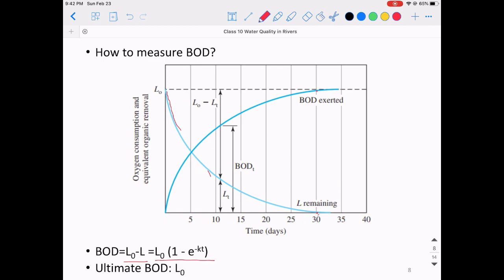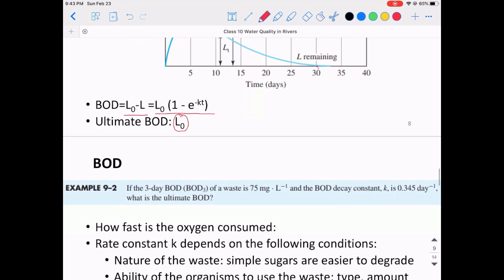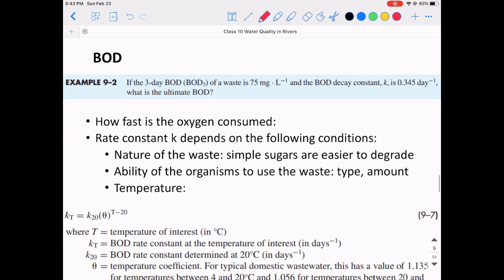For this experiment, there is also going to be a highest value of the BOD, or the maximum amount of oxygen demand, which is L0. So L0 is also called the ultimate BOD, which is the highest biochemical oxygen demand.